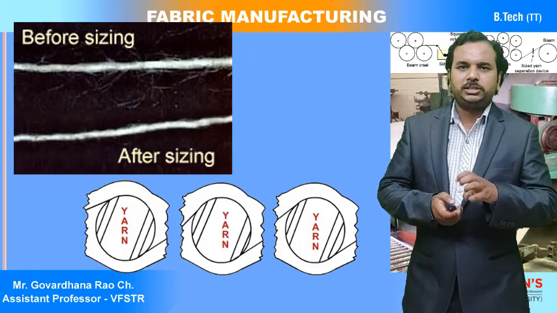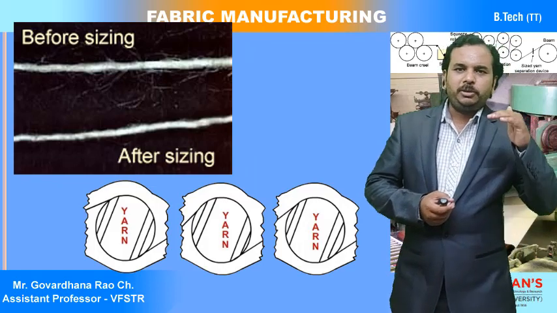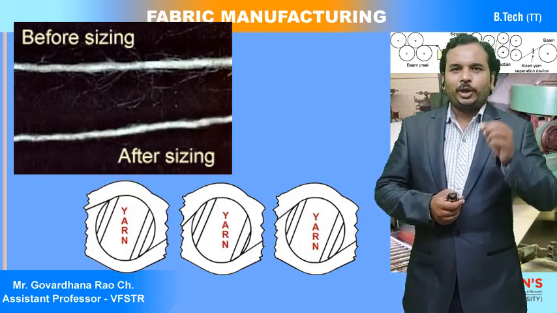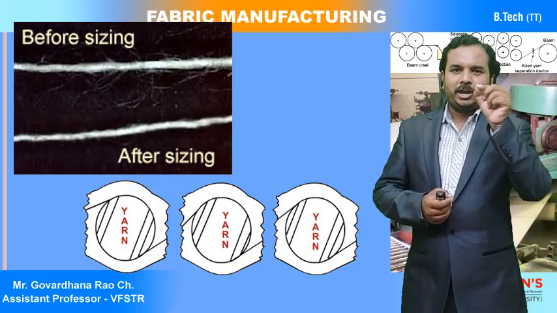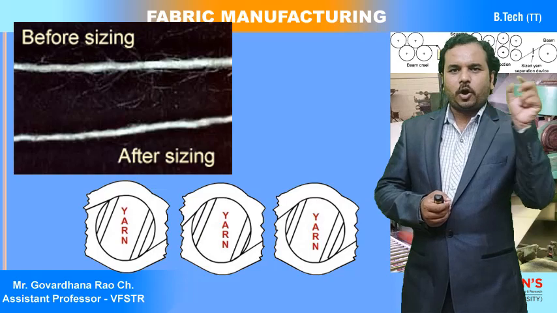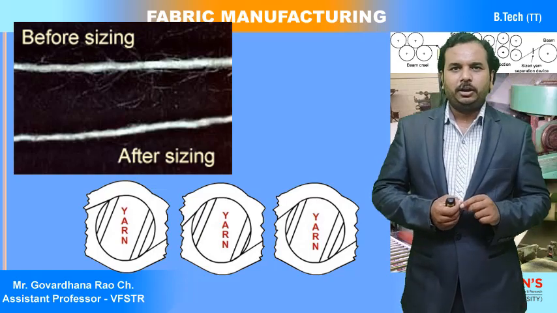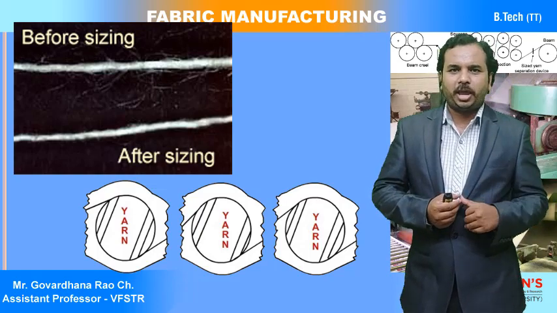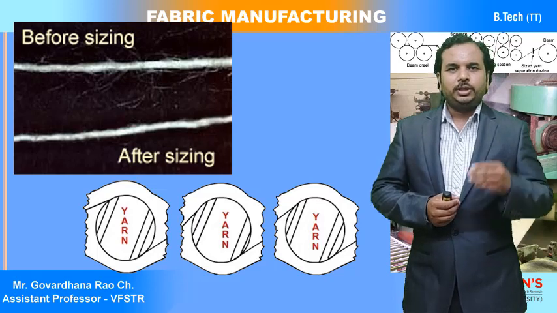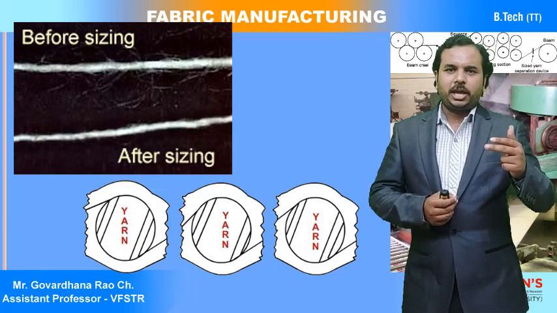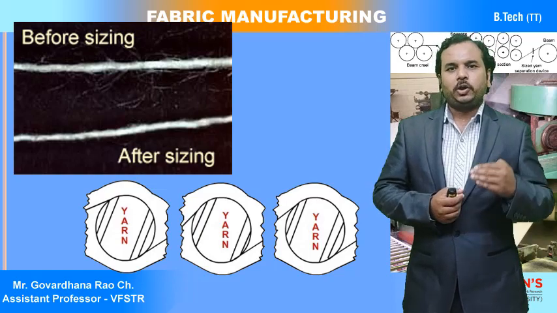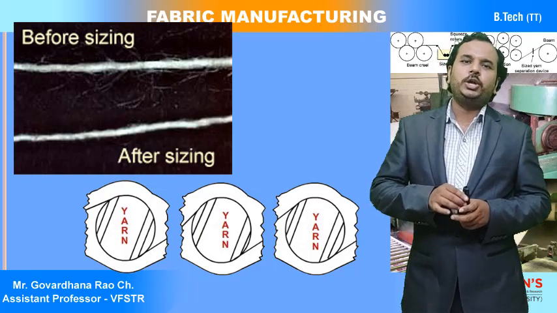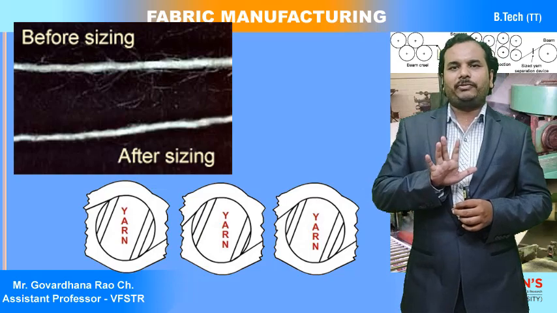You can observe these images. The first image is before sizing. You can observe that there are fibers or hairs on the surface of the yarn. In the second image, after sizing, whatever hairs were there have been laid down, because the size paste is applied on the surface.